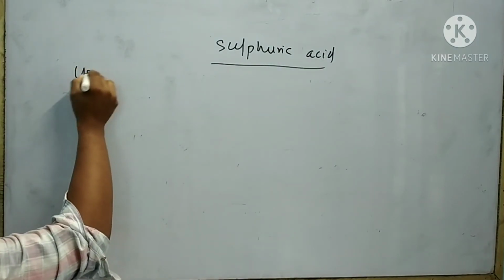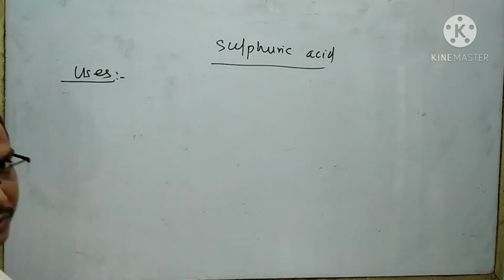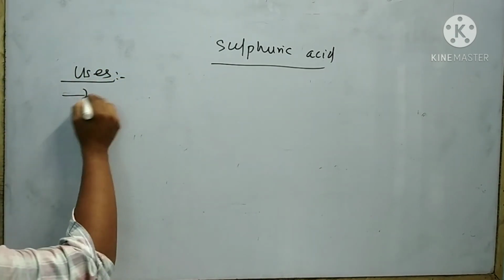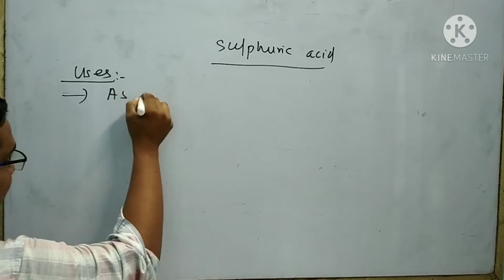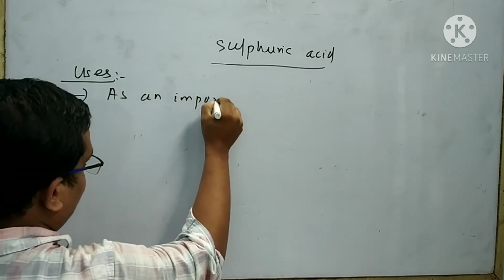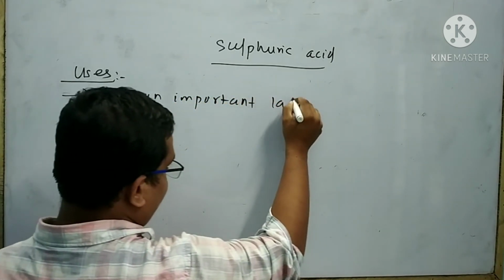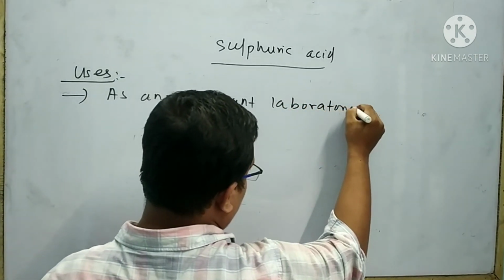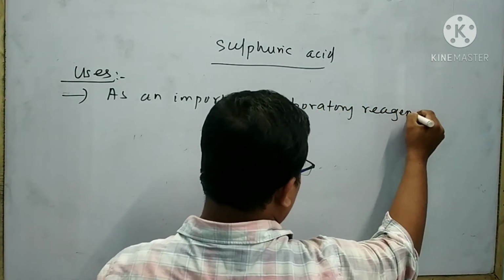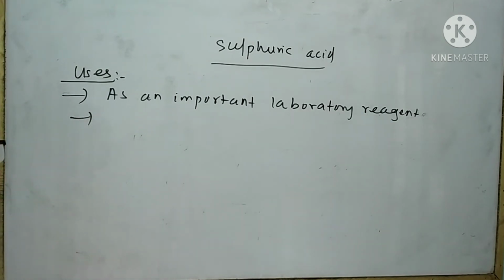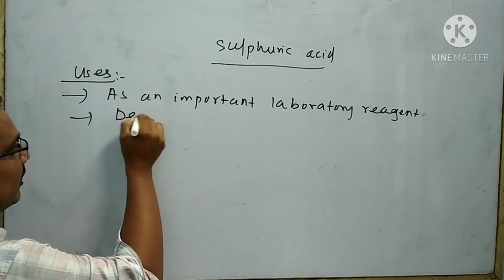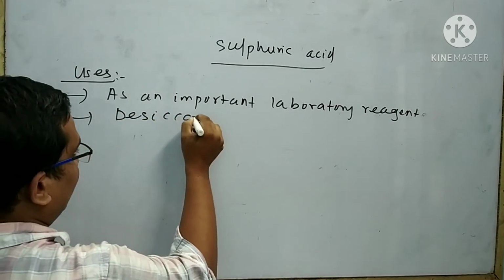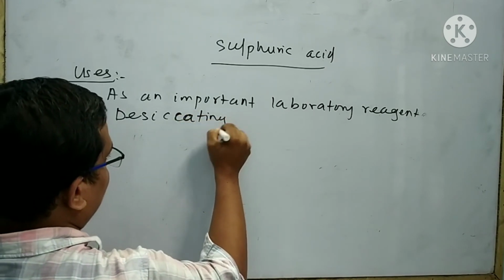Next I will explain the uses of sulfuric acid. It is used as an important laboratory reagent. It is used as a desiccating agent.